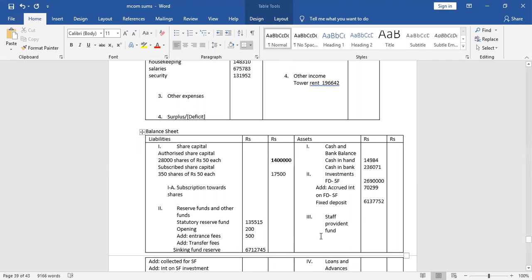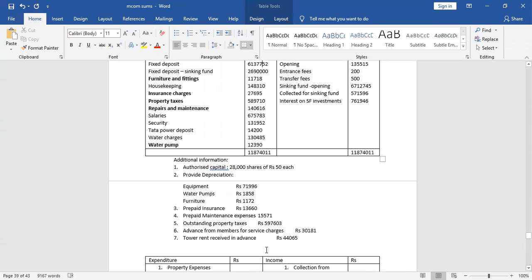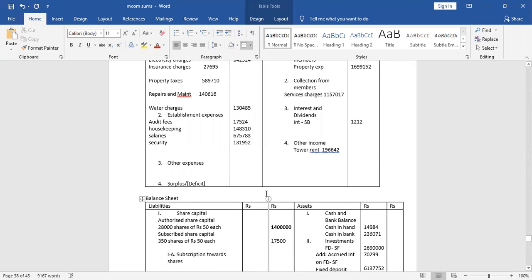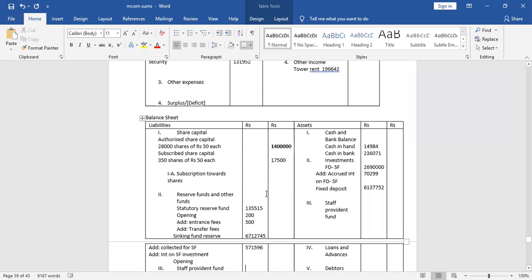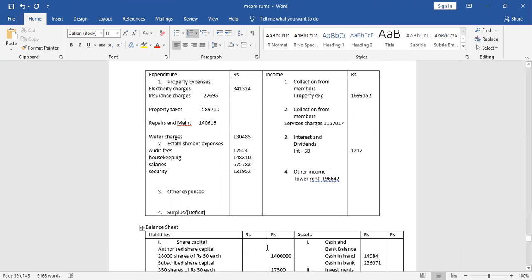So what was the amount? The amount was 5,71,596 and the interest amount is 7,61,946. So all the posting is done.